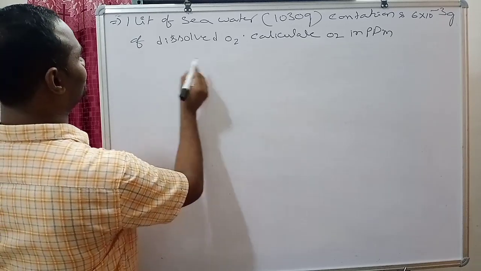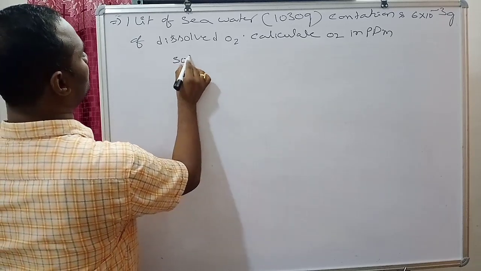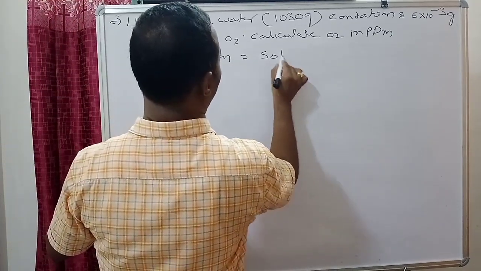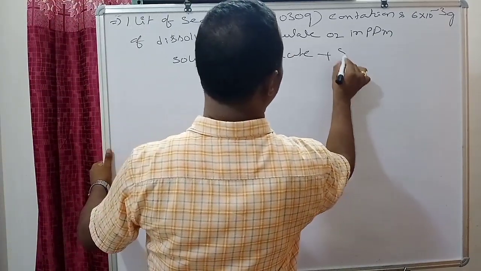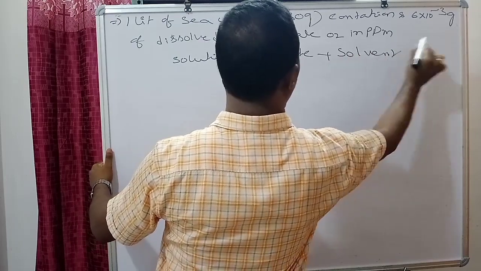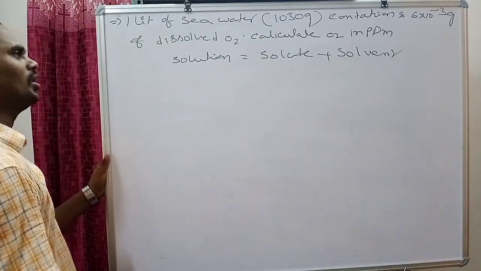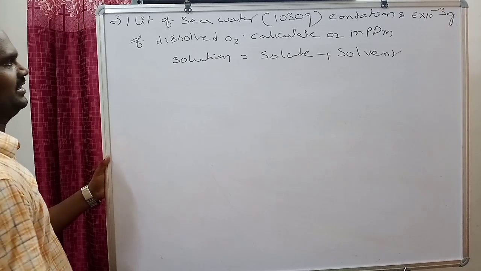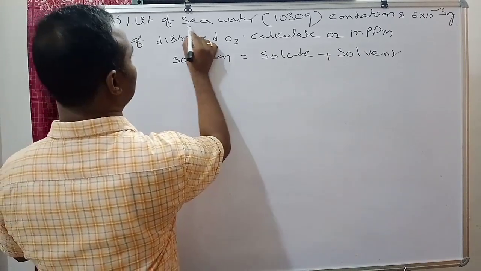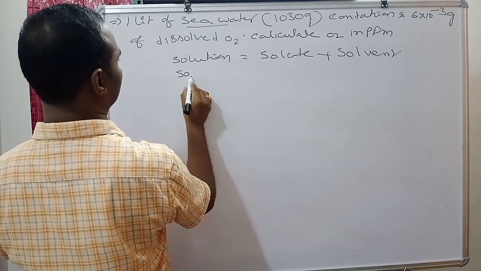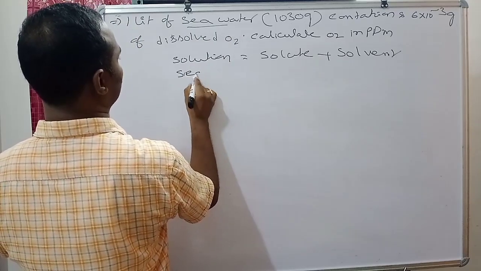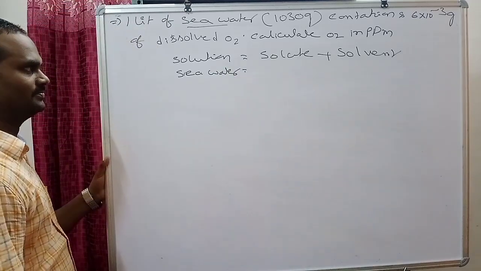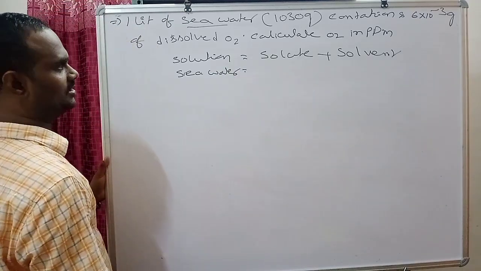So you see, solution is equal to solute plus solvent. Based on given quantities, what is solute, what is solvent? Carefully see. Seawater is a solution.